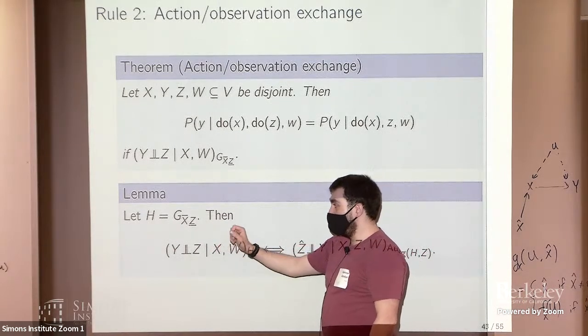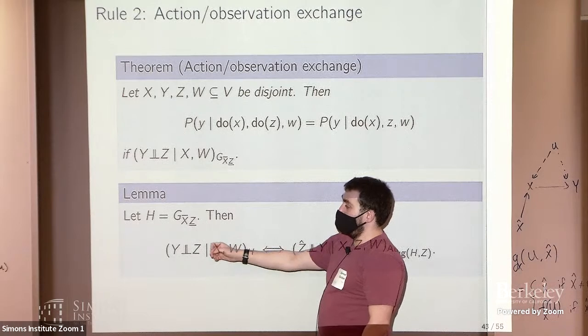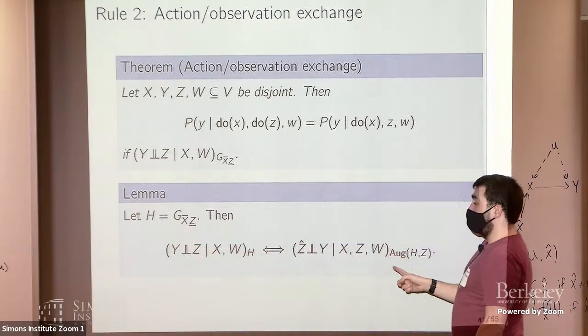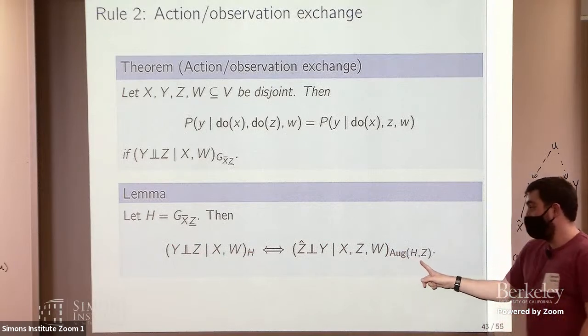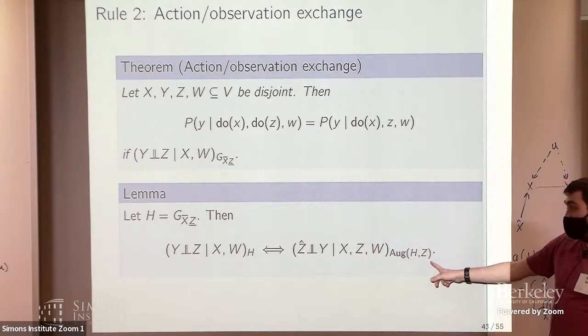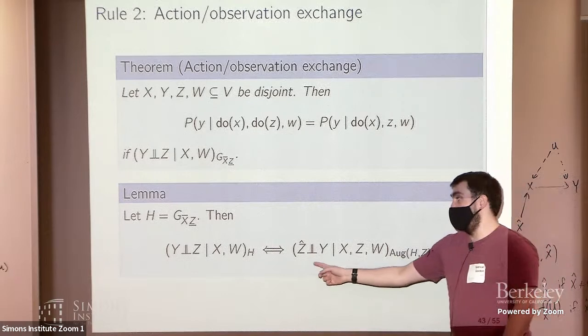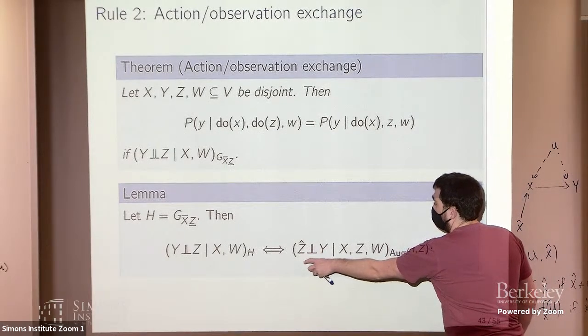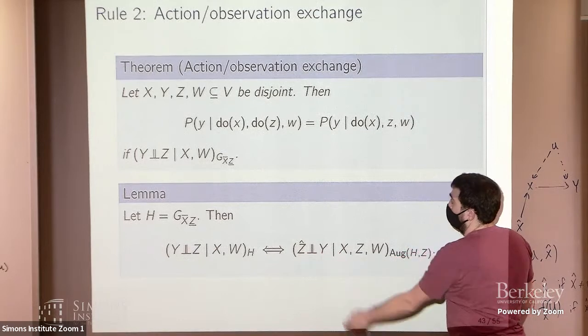We're going to relate d-separations in this graph H to d-separations in the augmented graph with respect to Z, where we're now looking at d-separations between this intervention variable for Z and Y.